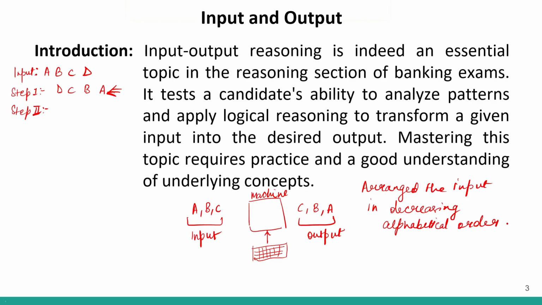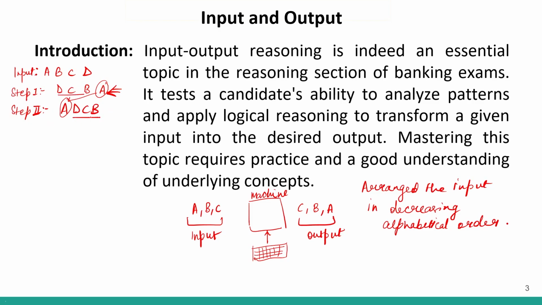So when I feed the input again, now this is the input, the machine is giving me A, D, C, B. So how has the machine arranged it now? Basically, the machine has taken the vowel to the front and then kept the consonants in the same order.